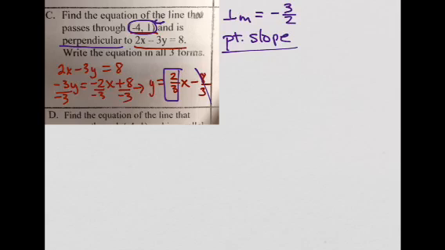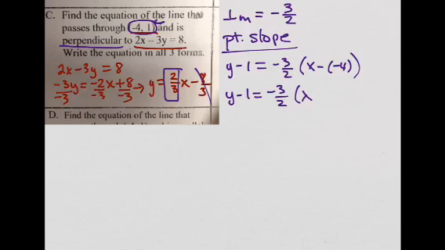So point slope form would be y minus y sub 1 equals the slope times the quantity of x minus x sub 1. So let me simplify that. You end up with y minus 1 equals negative 3/2 times the quantity x plus 4. So that's point slope form, and you're done with that one.